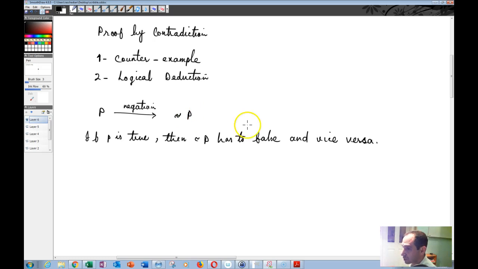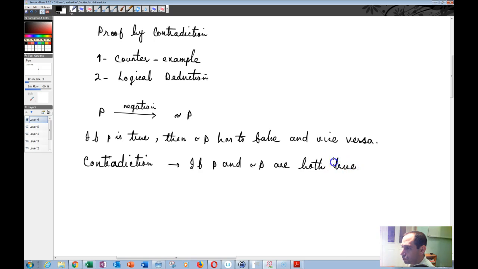Now a contradiction happens if P and not P are both true, or both false, because that simply cannot happen.